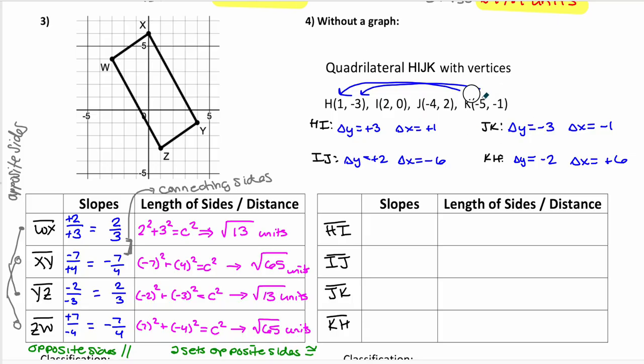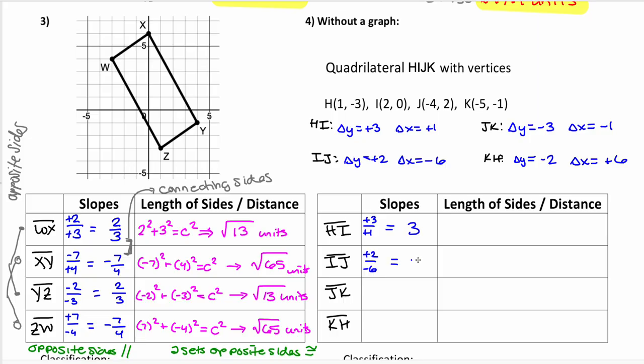Now that we have this information, we can utilize this to help us find our slope and our distances. First up, HI, our change in y is +3 divided by a +1, which is equal to +3. I to J, change in y is +2 divided by change in x is -6.